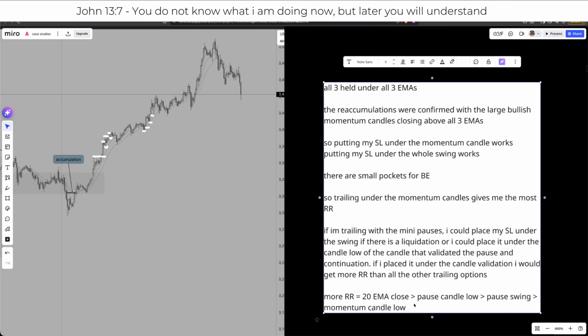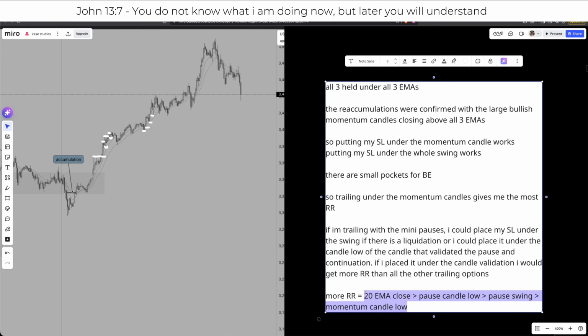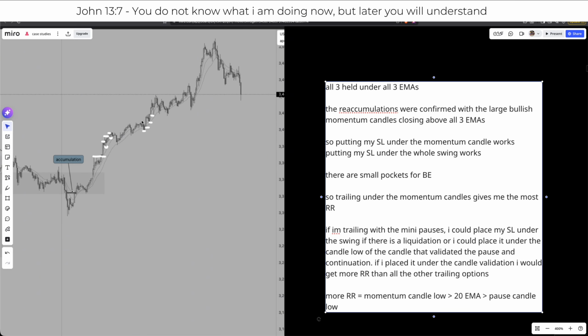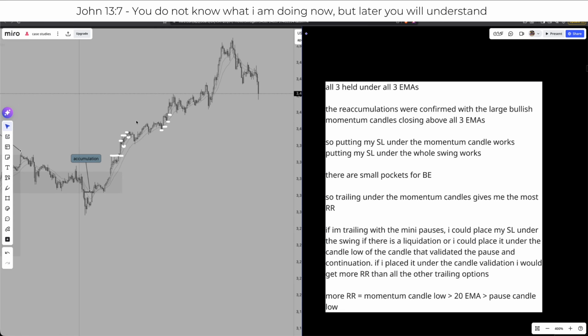So the most RR gives me the momentum candle low, followed by the 20 EMA, okay, followed by the pause candle low, which would then take me out the swing. Wait, no, that doesn't really make any sense.